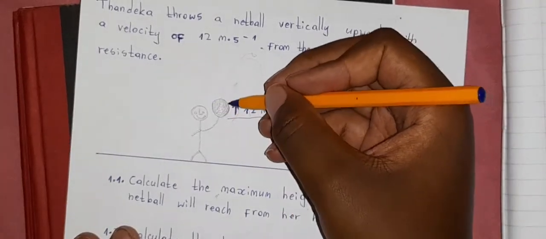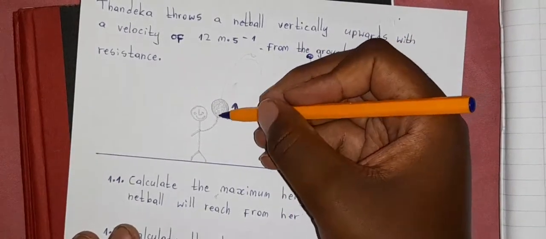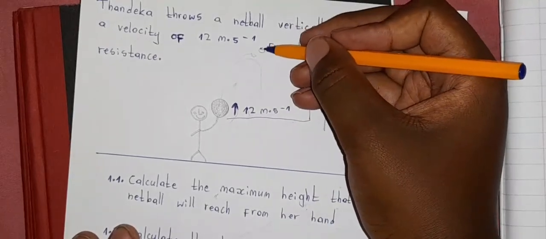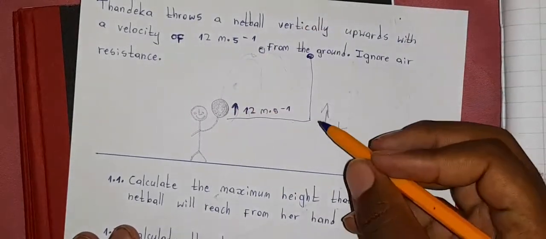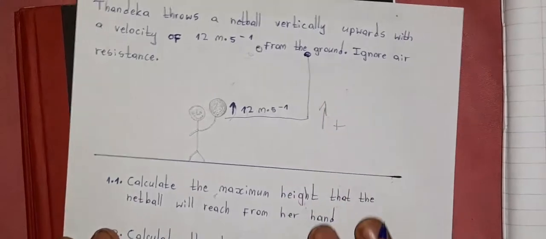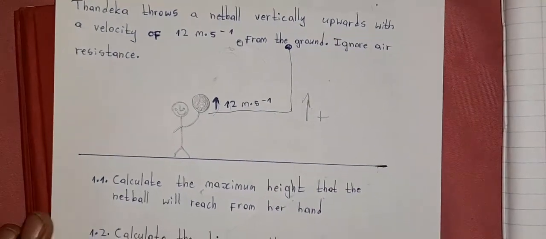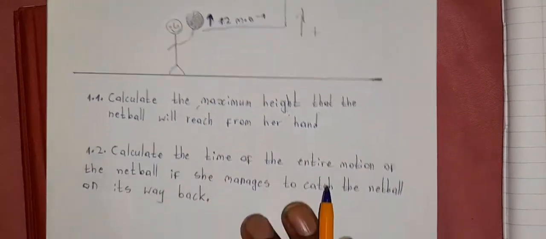So the height between Tandega's hand and the maximum height of the ball is 7.35 meters. I hope that was clear.